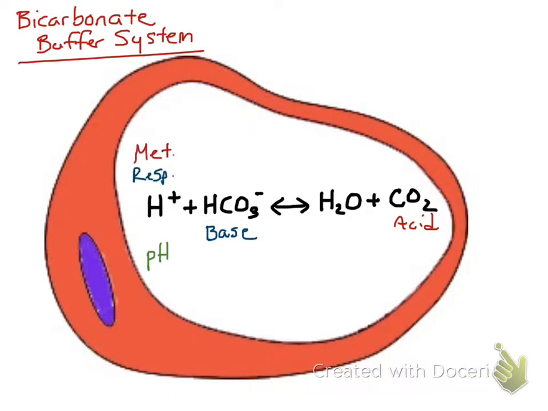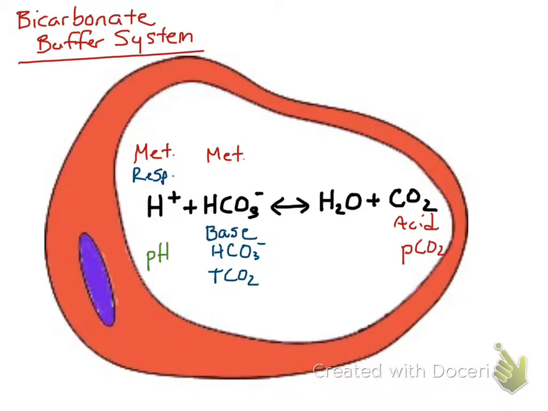And the pH is again under metabolic and respiratory control. The base, the bicarbonate, is either measured as bicarbonate on a blood gas analyzer or as TCO2, which is an estimate of bicarbonate that we'll see on a chemistry report. And this base, this bicarbonate, is under metabolic control.